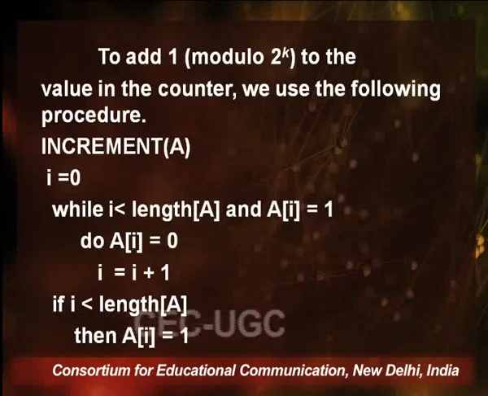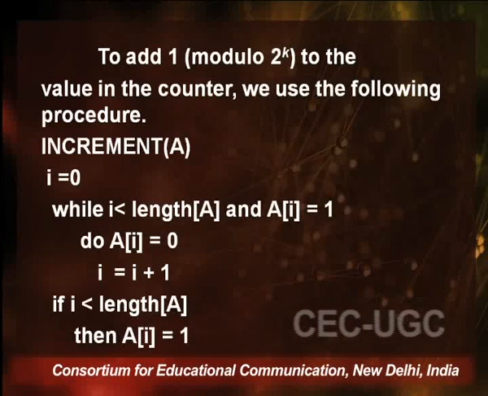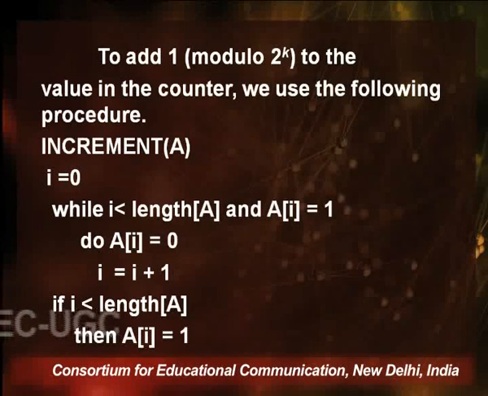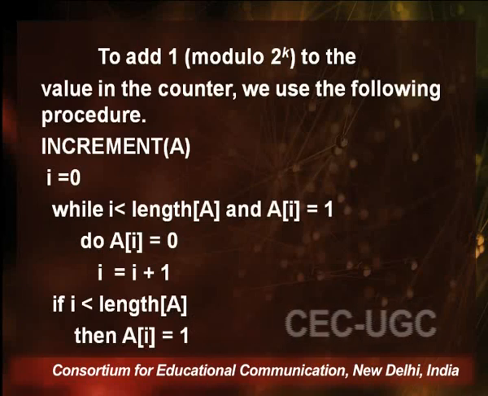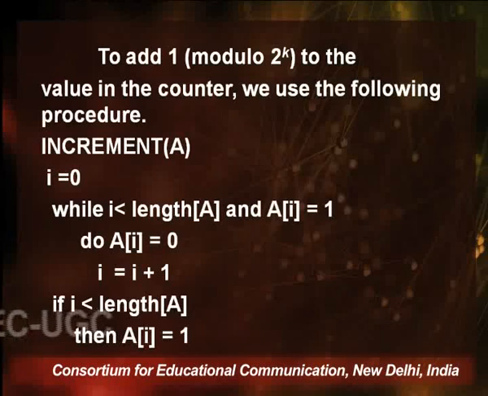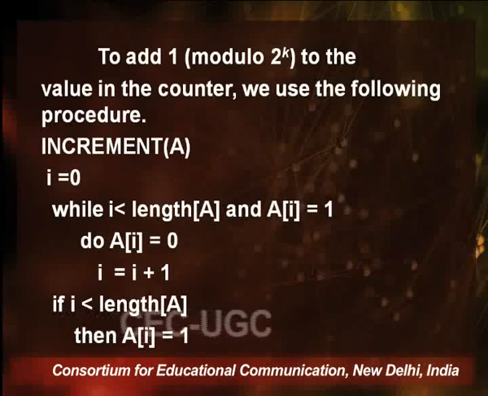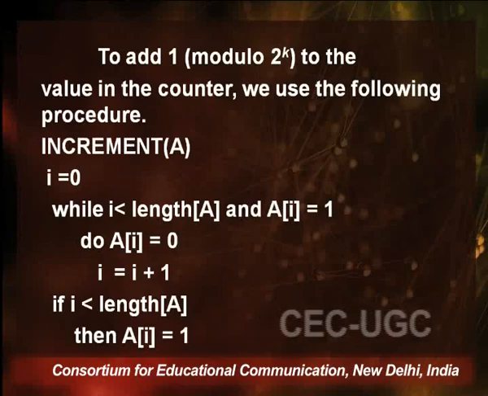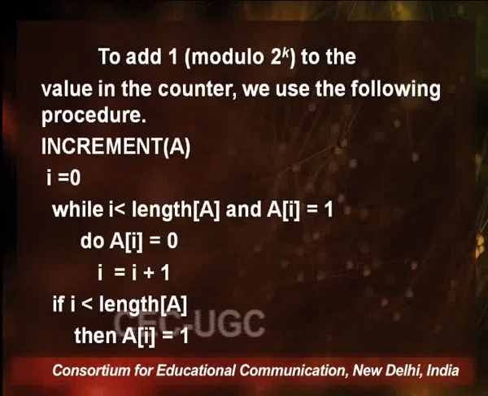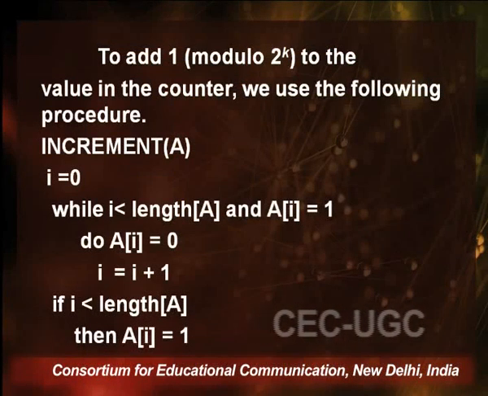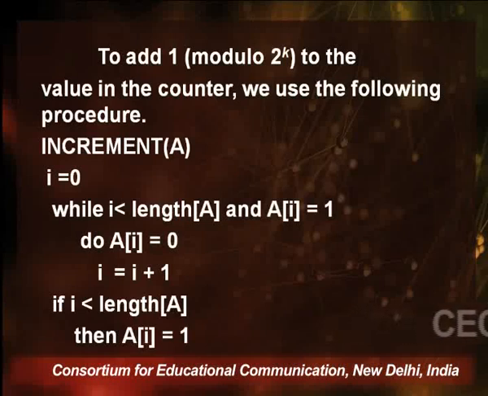For this kind of increment operation, we have a pseudocode which says we need to increment the array A, and initially my i is 0. While i is less than length of A and A[i] equals 1, what do I need to do? I will be setting A[i] equals 0 for every i in the loop, and we will be incrementing i by 1.